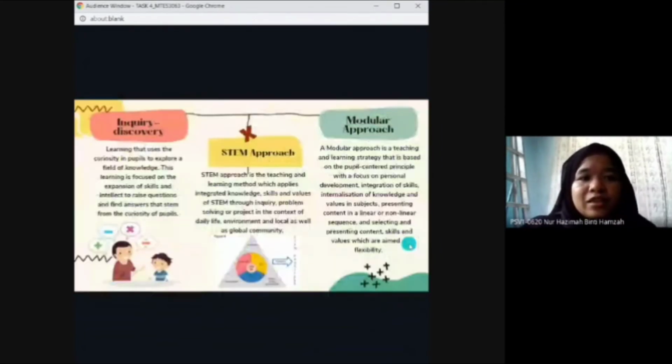Then inquiry discovery. Inquiry discovery is learning that uses the curiosity in pupils to explore a field of knowledge. This learning is focused on the expansion of skills and intellect to raise questions and find answers that stem from the curiosity of these pupils.